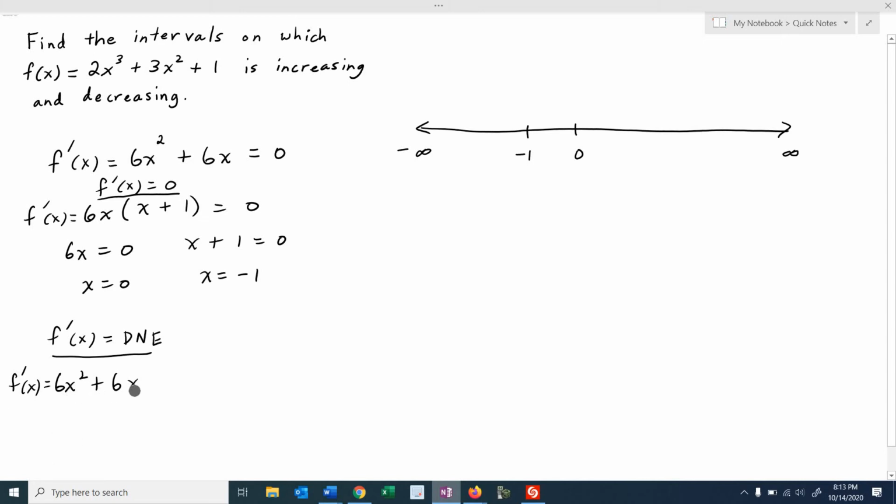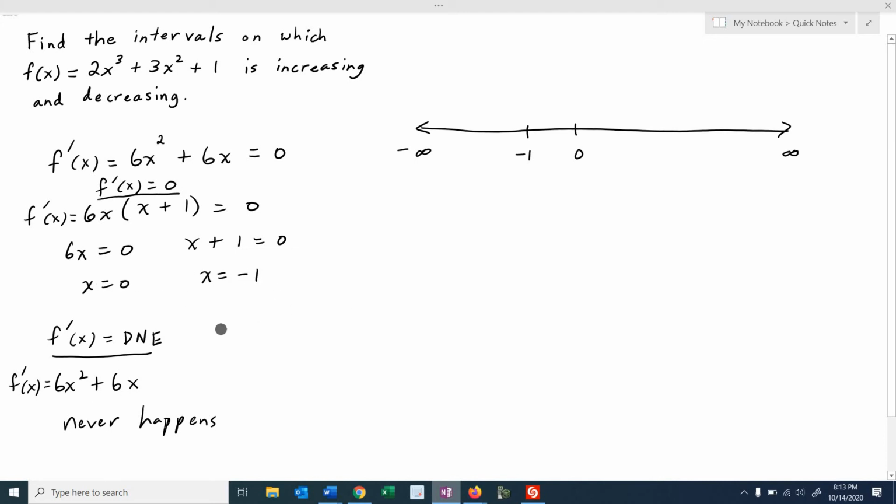Well, if you think about it, you can plug any number in for x and you will get a number out for the derivative, so it exists everywhere. So this never happens. The derivative exists for all x values. So that leaves us with only these two.